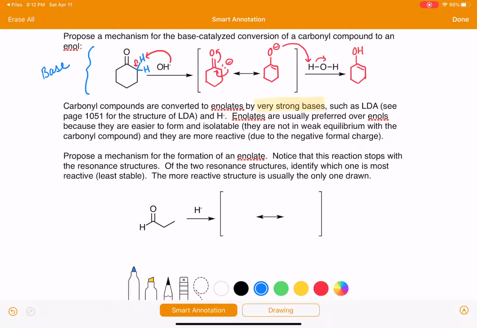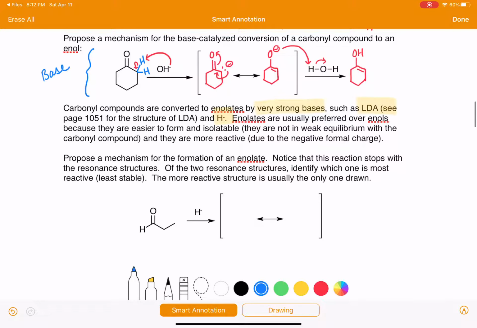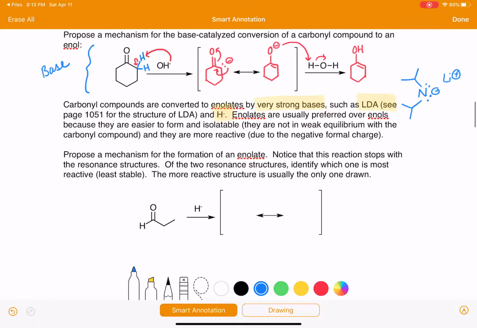And the bases that we typically use for this reaction are hydride, H-, and then a base called LDA, which stands for lithium diisopropyl amide. And it's a nitrogen with 2 isopropyl groups on it and a full negative charge with a lithium counter ion. So this is really, really basic. LDA is an extremely strong base.